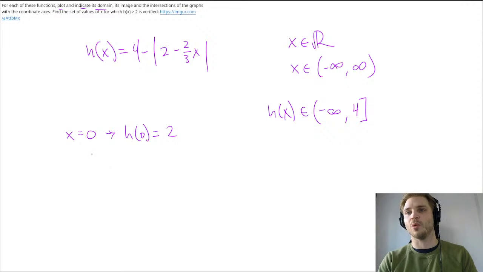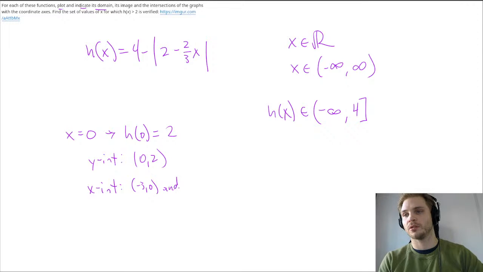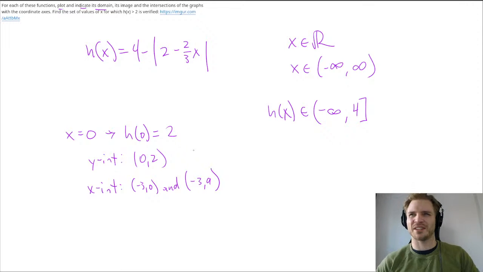So this is the y-intercept. The y-intercept is (0, 2). That's what we found at the beginning. Then the x-intercepts, we found when y was 0, we had negative 3 or 9. So (-3, 0) and (9, 0). It was kind of scattered, my first one, just getting warmed up.